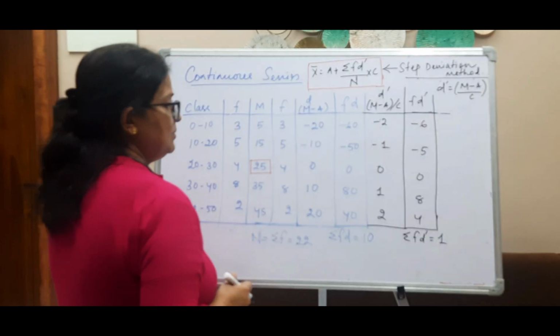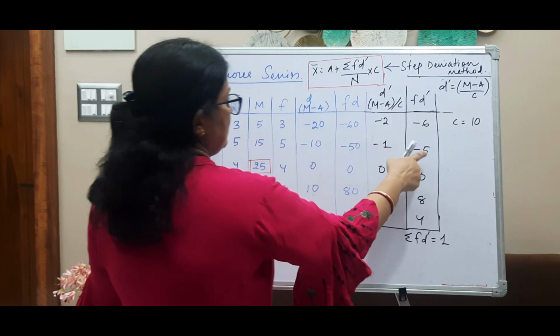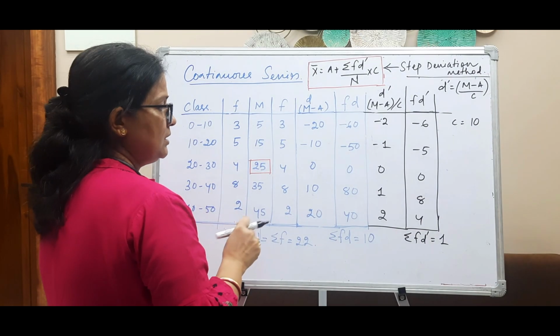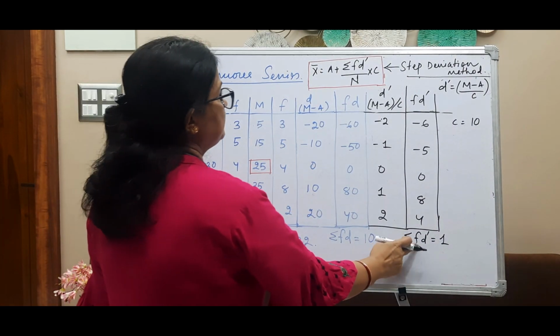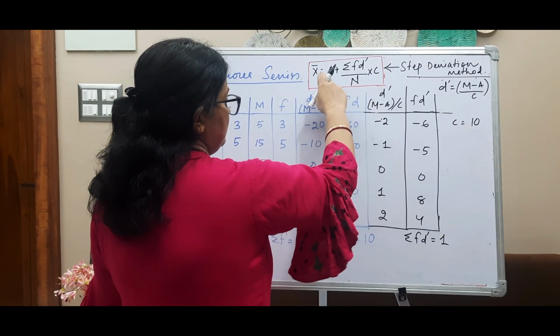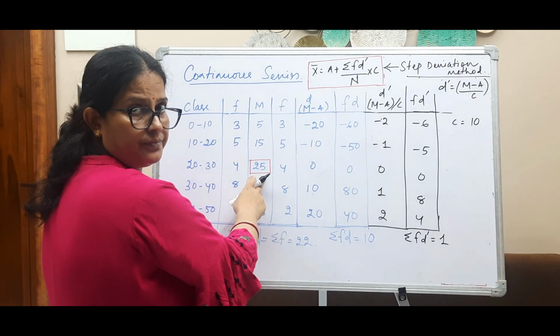We have taken c equal to 10 here, and we have divided each deviation value by it. Now we know sigma of f d dash, we know n, we know c, and we know our assumed mean also.